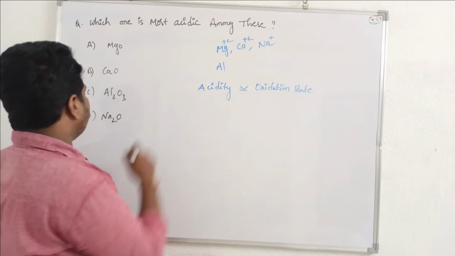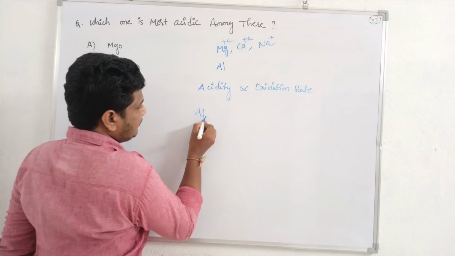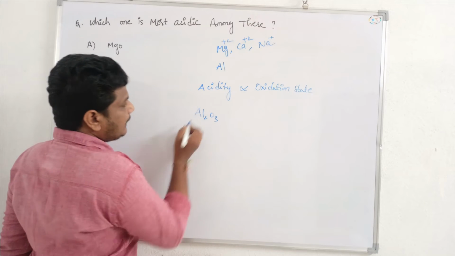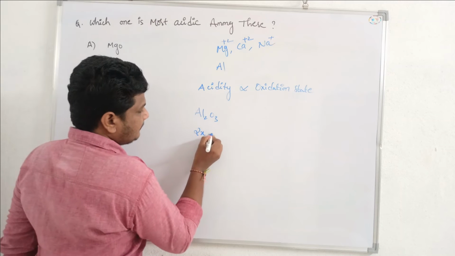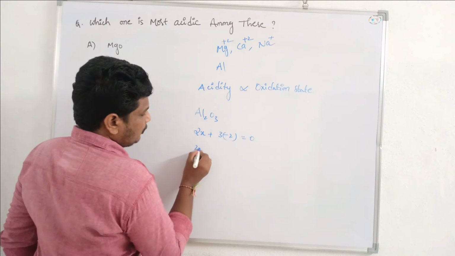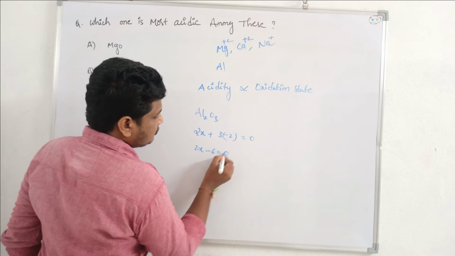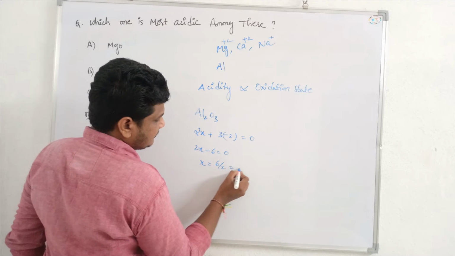Whereas aluminium, if you see this Al2O3, if you calculate the oxidation state, 2x plus 3 into minus 2 is equal to 0. 2x minus 6 is equal to 0, so x is equal to 6 by 2, that is 3.